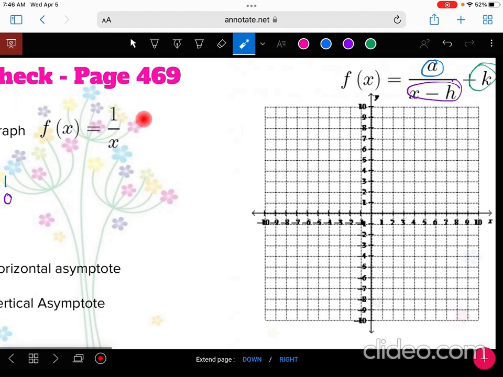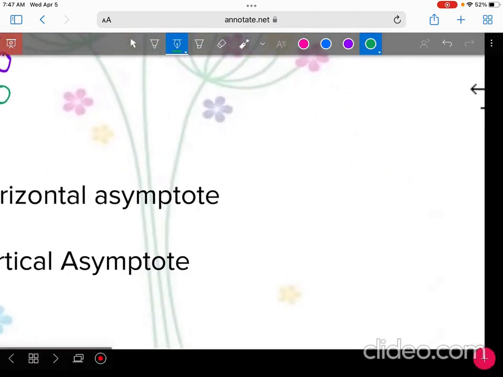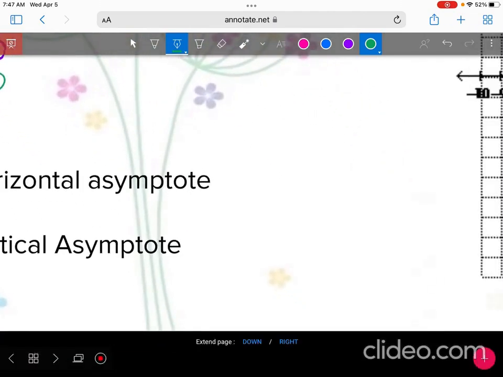Let's add it over here. Nothing. Math word for nothing? 0. So we're going to have a horizontal asymptote when y equals 0 and a vertical asymptote when x equals 0.